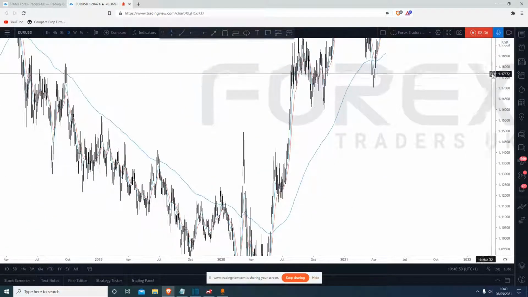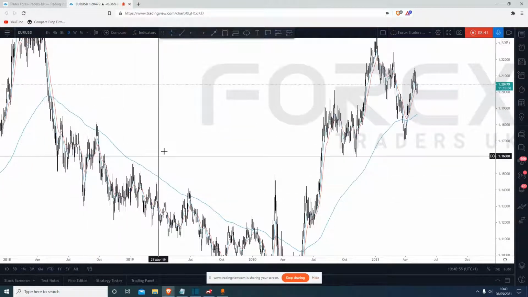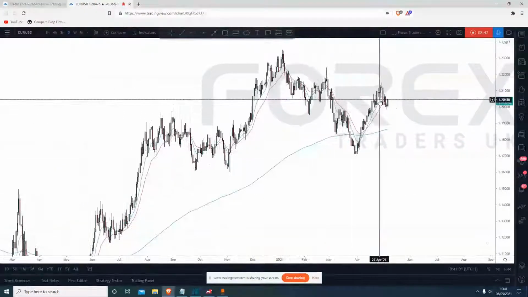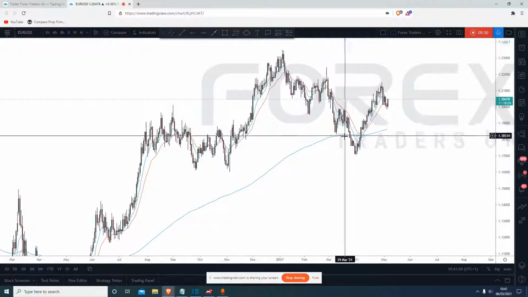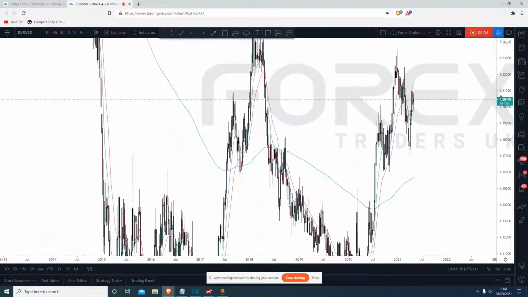And basically we use it again as: is the current market price above it or below it, and use it as support and resistance. Now we're currently above it. We have recently used it as a bit of support here. On the weekly, it might be a little bit more. So yeah, here, weekly.